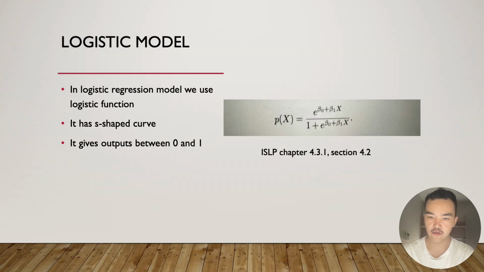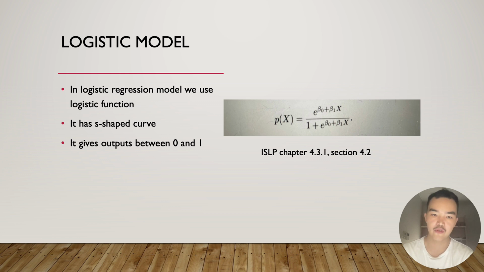In logistic regression, the model uses the logistic function. Why do we use the logistic function? Because it gives us outputs between 0 and 1. If we use linear regression, it will not give that precise range from 0 to 1.